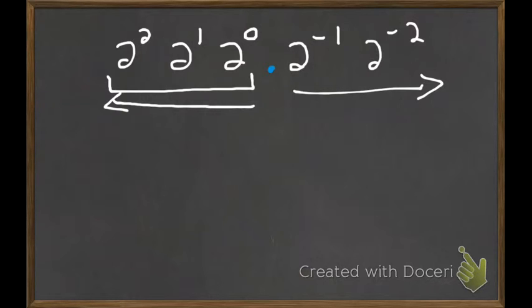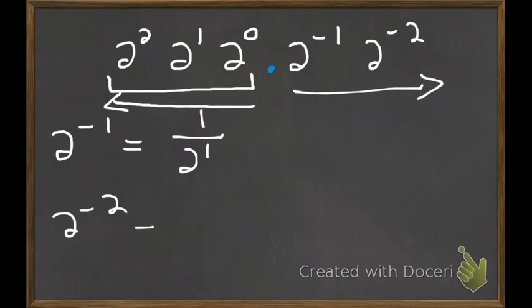And for those of you that don't know, 2 to the negative 1 can be rewritten as 1 over 2 to the 1. And 2 to the negative 2 can be written as 1 over 2 to the power of 2.